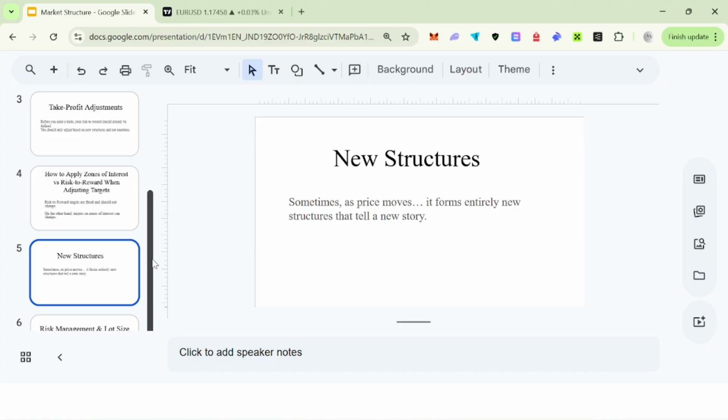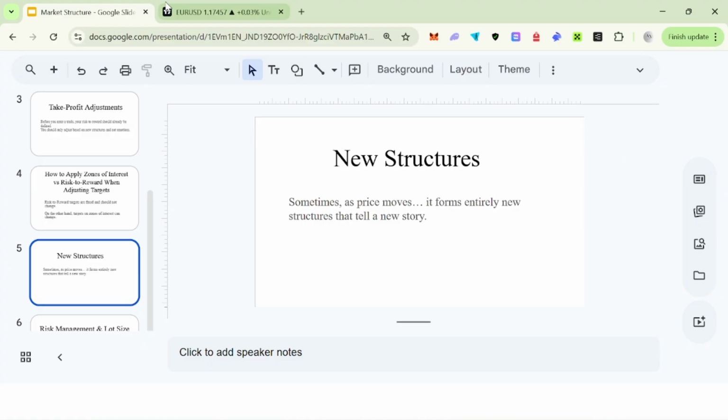So when new structure forms, you need to reassess everything, because new structure means new setups, new invalidations, and new opportunities. Sometimes price is literally signaling you to adjust stop loss, take some profits, or even get into the market again. Now what do I mean? New structure means new setups, new invalidations, and new opportunities.